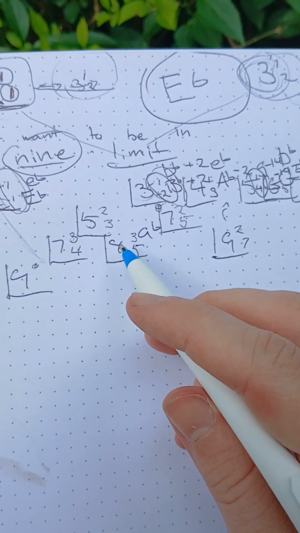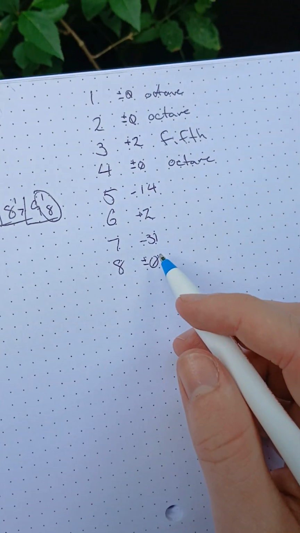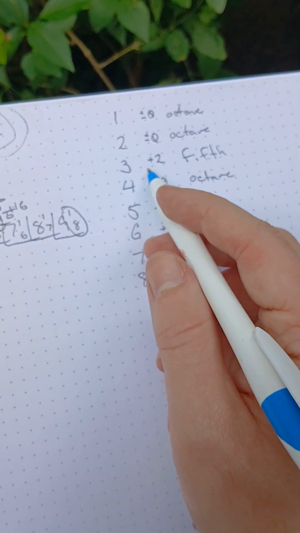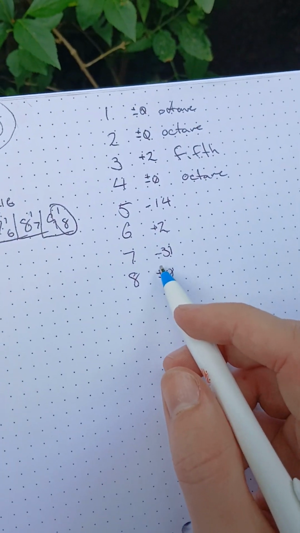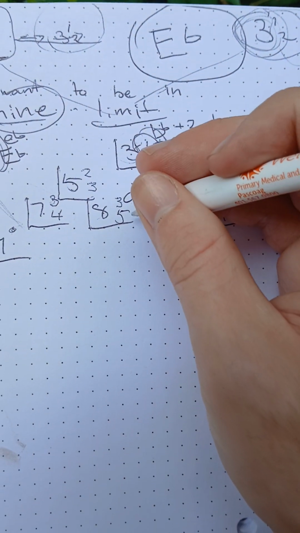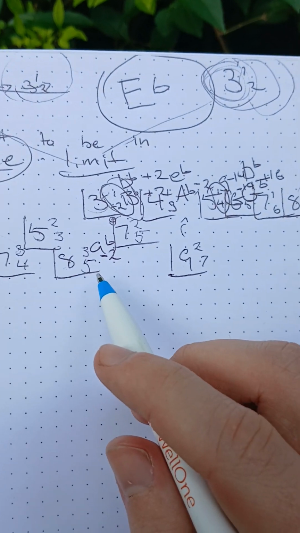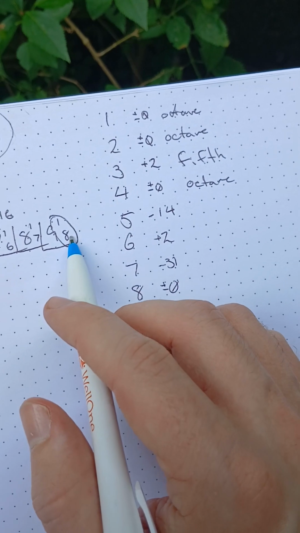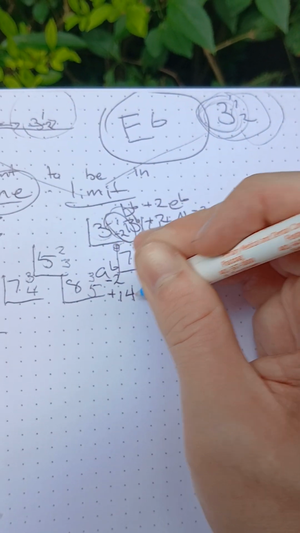So if we're measuring the distance of an 8/3, we're going to use the big 8 and the small 3. Big 8 is 0, and small 3 means take this and flip it, minus 2. So plus or minus 0, minus 2, big 8, little 3 comes out as minus 2. Same thing for big 8, little 5: plus 0, plus 14, which means plus 14.